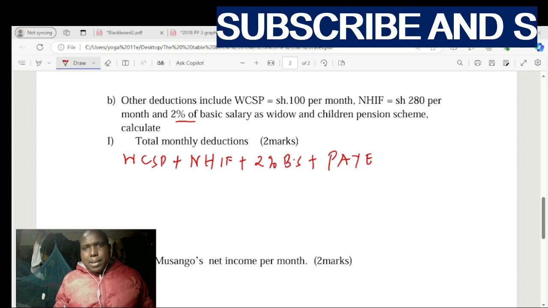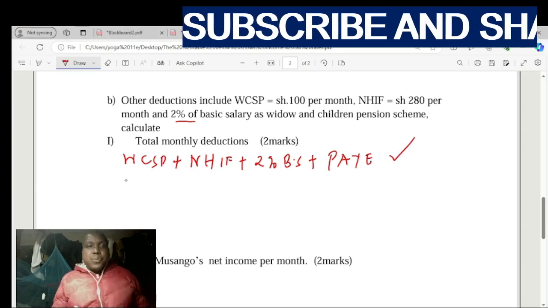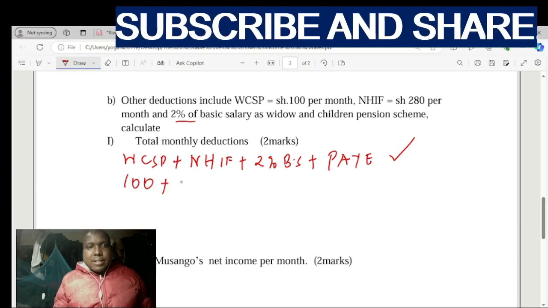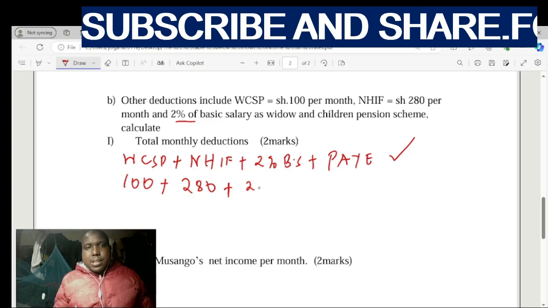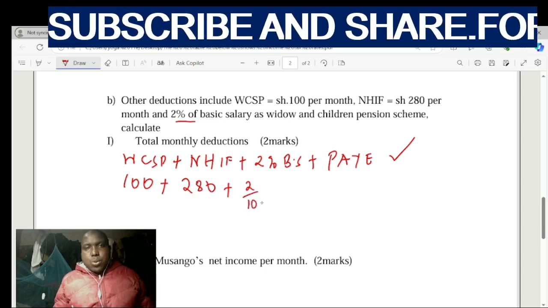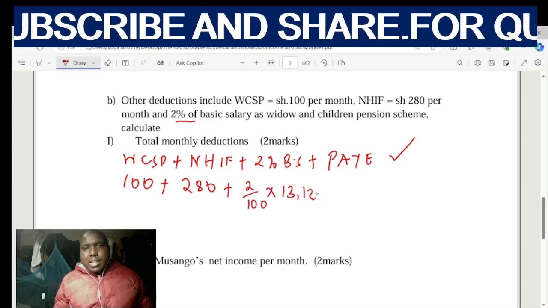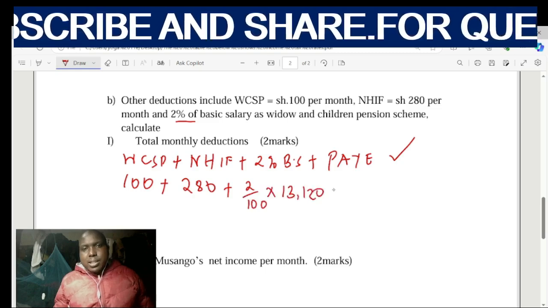All of these are called deductions. So this one is 100 plus 280 plus 2 over 100 times basic salary, which is 13,120, plus pay.